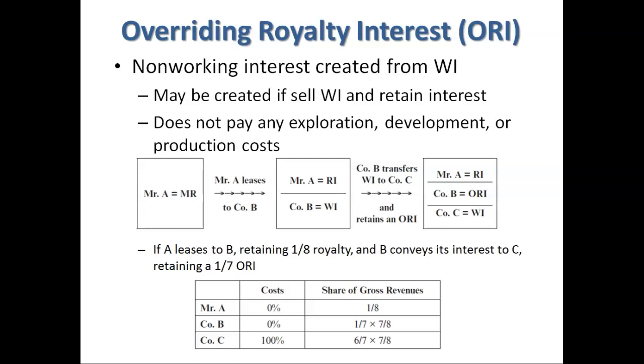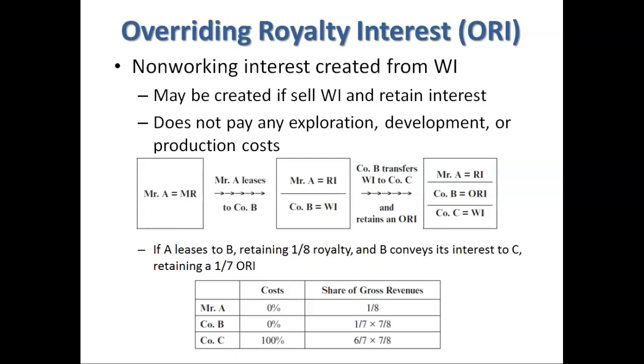If we want to look at the percentages, if A leases to B, retaining a 1/8 royalty, and B conveys that interest to C, retaining a 1/7 overriding royalty interest, on the costs, 100% will be paid by Company C, who has the working interest.